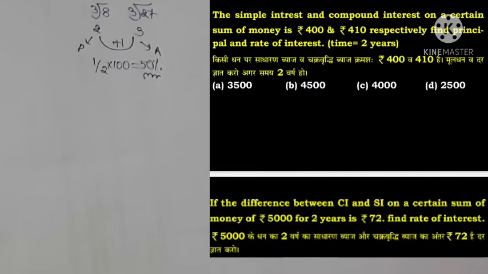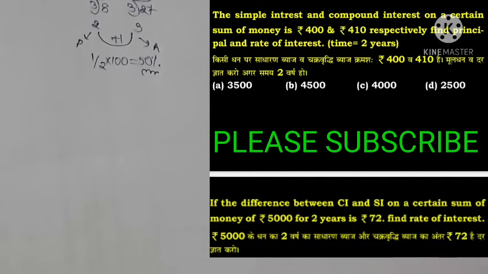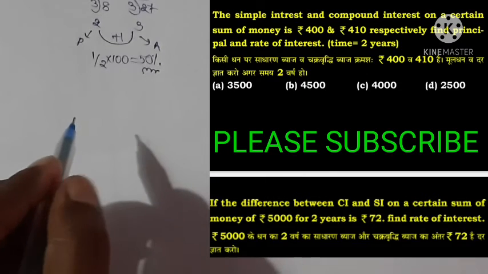The simple interest and compound interest on a certain sum of money are 400 rupees and 410 rupees respectively. Find the principal and rate of interest. Time is equal to 2 years. So in 2 years, the simple interest is 400.